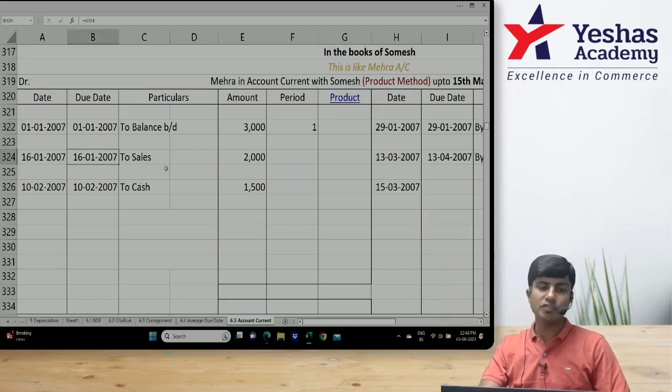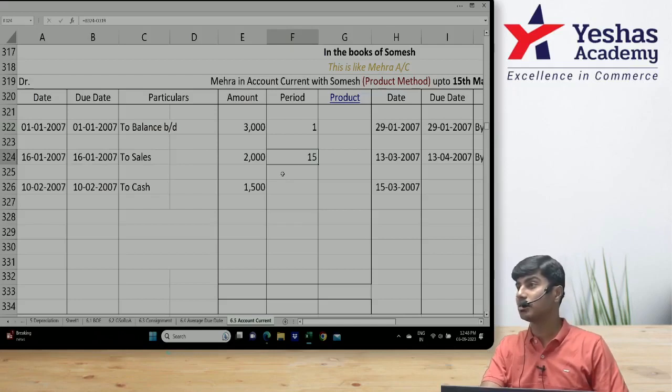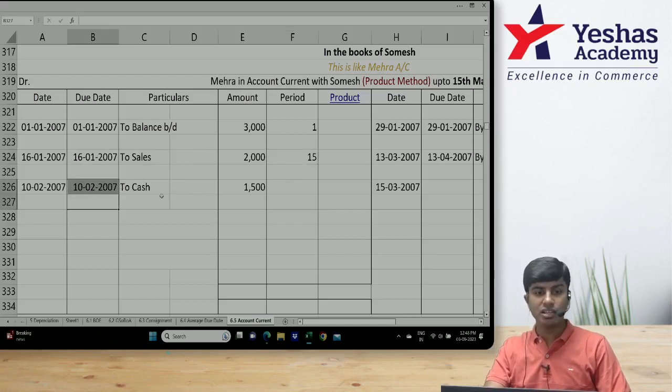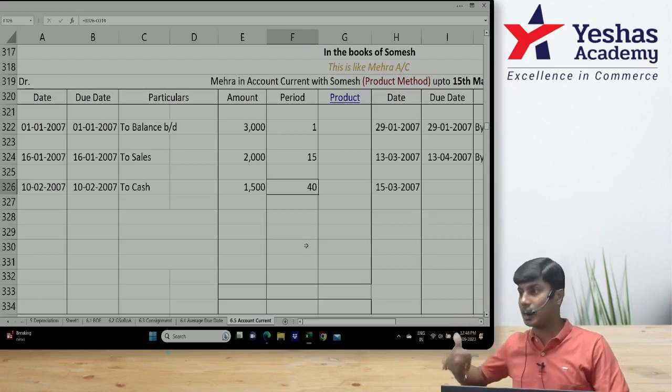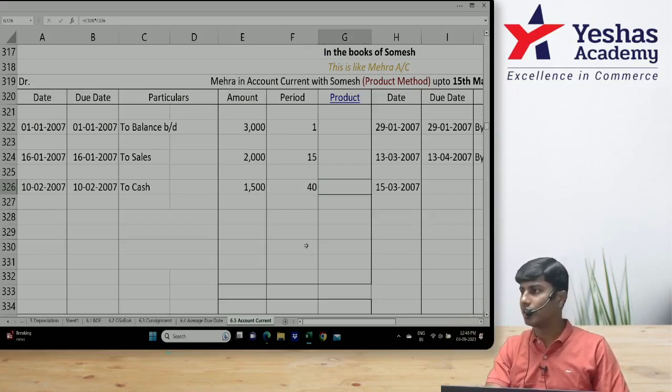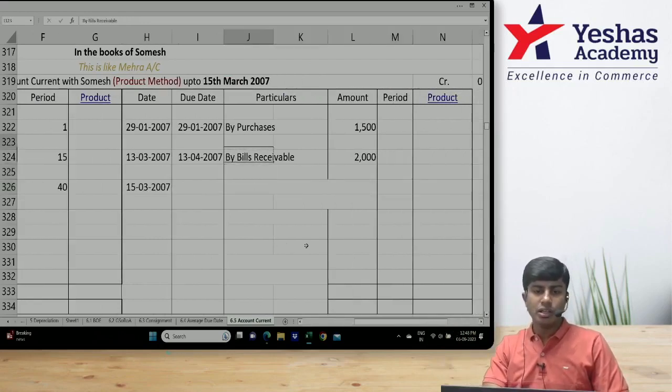Next, 1st of January to 16th of January: 15 days. How many days from 1st of January to 10th of February? 30 days in January, 10 days in February. Got it? Everyone over here.